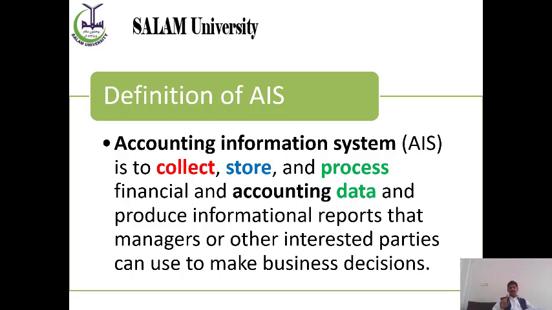So a system which collects, stores and processes data, turning it into information, and then the information is used by whom? The users use the information for their own purposes. But a system which collects data, stores data, and processes data into information is called what? Accounting information system. I hope you understand.